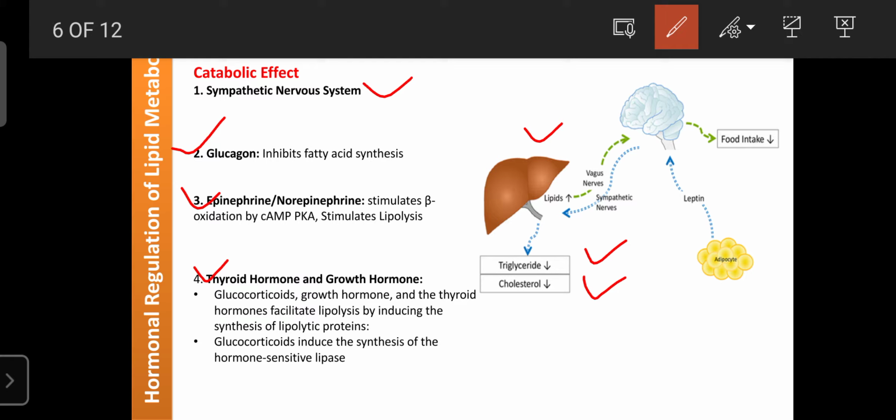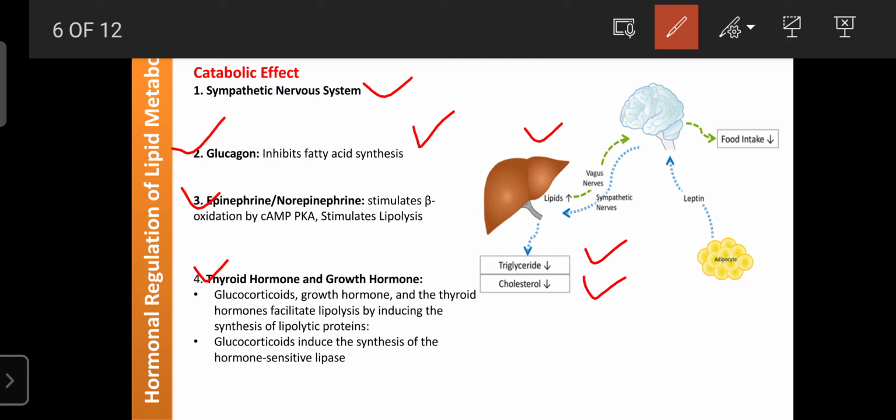But on the other side, the same glucagon is also involved in the regulation of lipid metabolism. In lipid metabolism, glucagon, a pancreatic hormone, mainly inhibits fatty acid synthesis. So glucagon can decrease lipid formation in our body by inhibiting fatty acid synthesis.